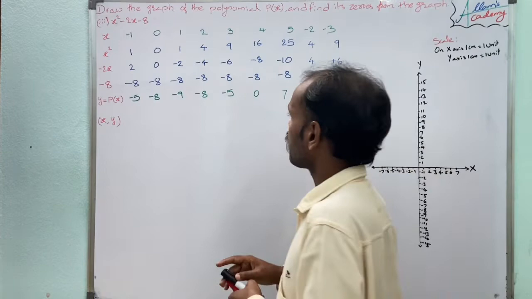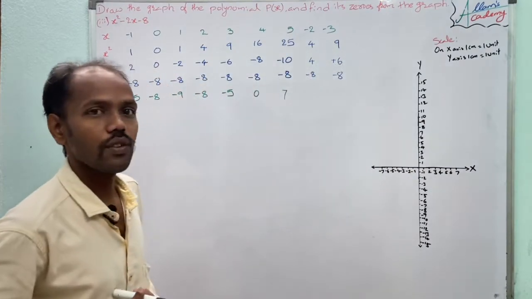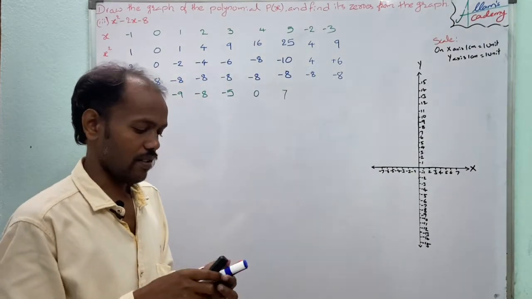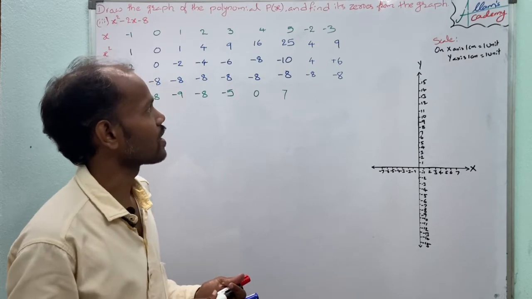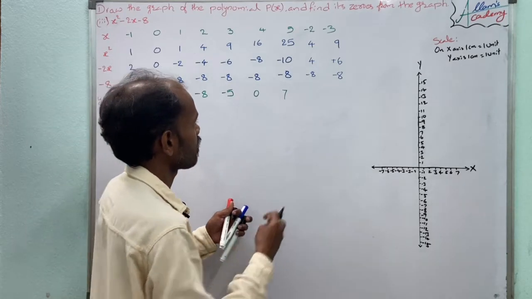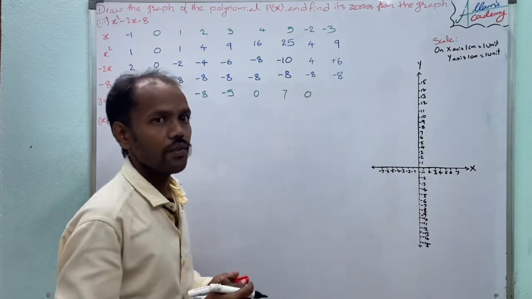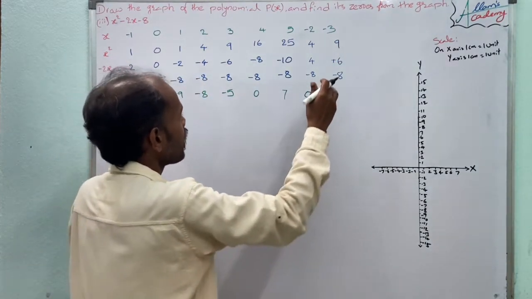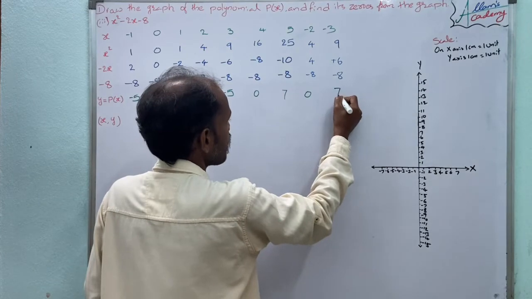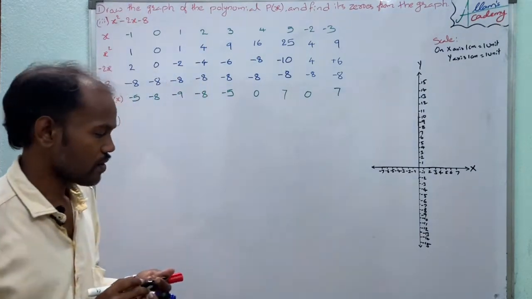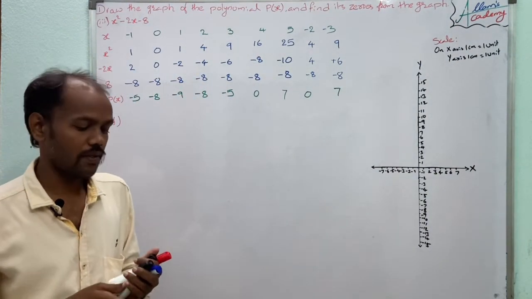Now doing the addition: 4 plus 4 is 8, and 8 minus 8 is 0. Next, 9 plus 6 is 15, and 15 minus 8 equals 7. So these are the points we get.